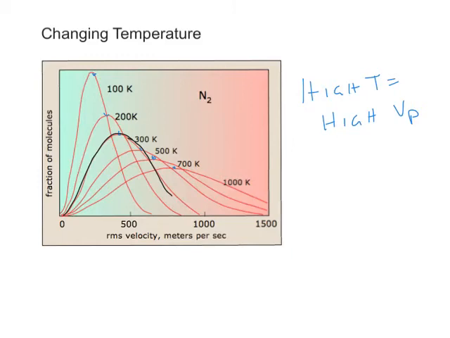The other thing that you need to notice, and could be incorporated into your question, is what happens to the shape of the distribution. And that is, at higher temperatures, you have a more broad curve. And that's because there's more energy states available.